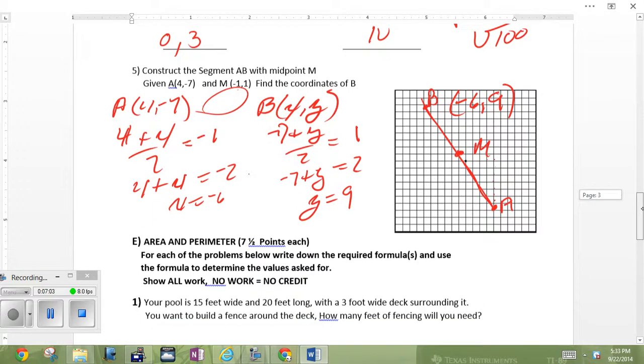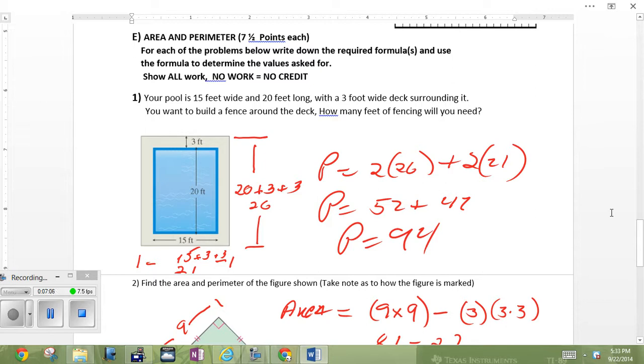This problem was in your textbook, section 1-7, the exact problem. It tells you to build a fence around the pool. The pool is 15 feet wide, but then you've got 3 feet on either side.